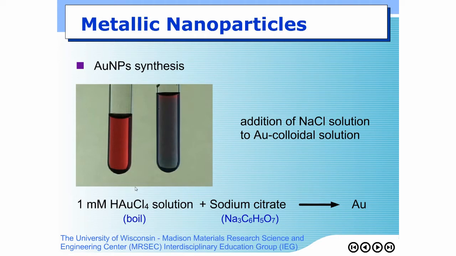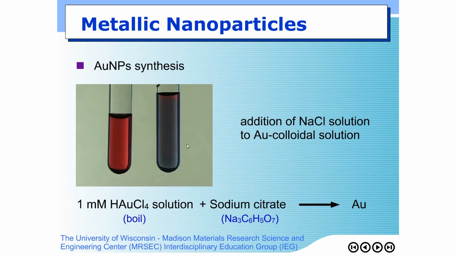Although I mentioned in the very beginning that sodium citrate is a little bit bulkier, if it stays on the surface, it might work as steric stabilization. But this experiment shows you that it's not really steric stabilization, because when you add sodium chloride, which is an electrolyte, into the product, it can neutralize charges.